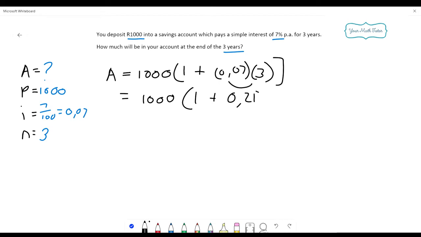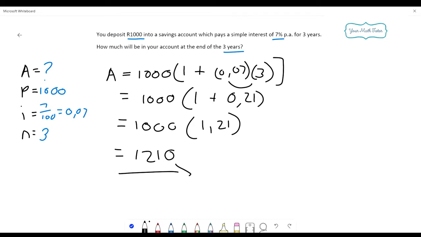Those two multiplied together equal 1,000 times 1.21, and then that will be equal to 1,210. So that will be the amount that is in your account at the end of 3 years.